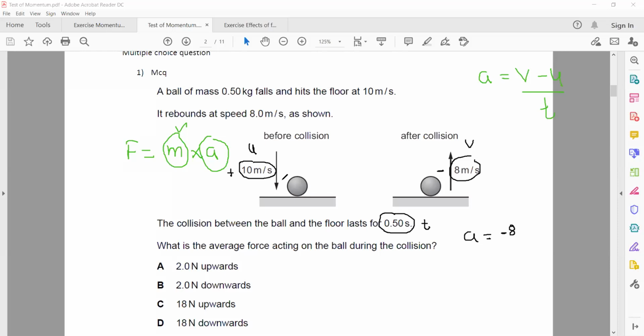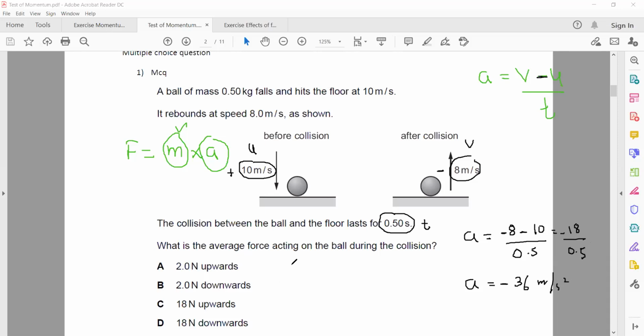So it's minus 8, and the initial velocity is 10, divided by time, 0.5. Minus 8 minus 10 divided by 0.5 is equal to minus 18 divided by 0.5, which is minus 36. So acceleration will come out negative 36 meter per second square.